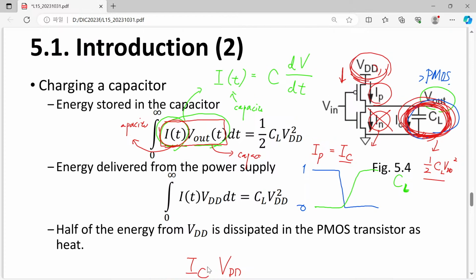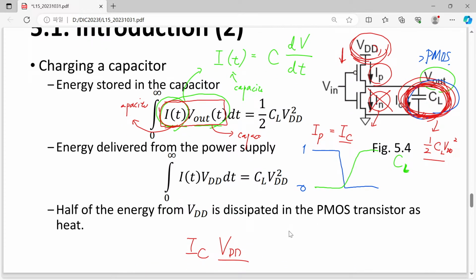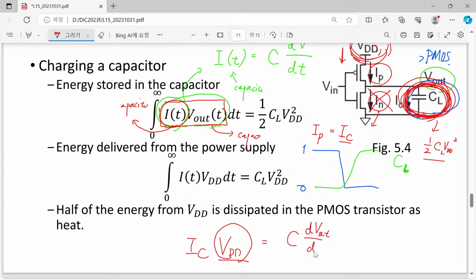Okay, so now then what happens? This is constant, and C times dV_out over dt. When we make a time integration, C V_DD can be pulled out, and now we have just dV_out over dt time integration.